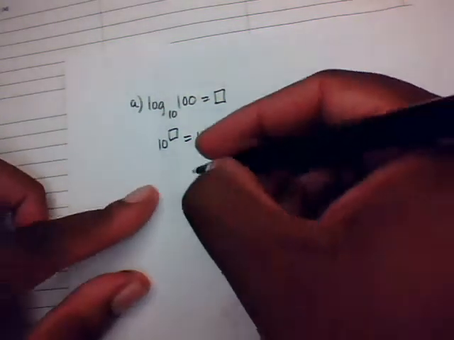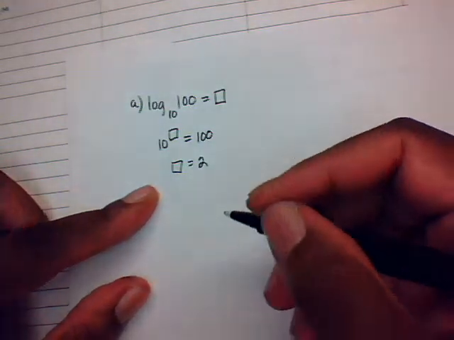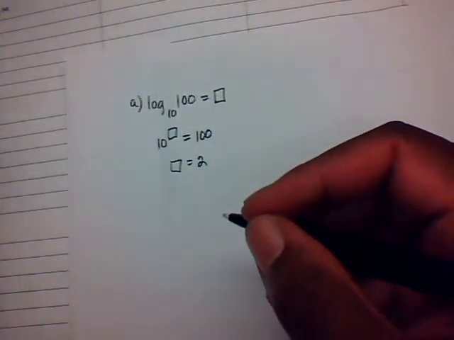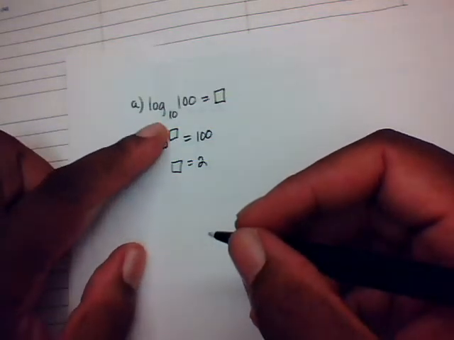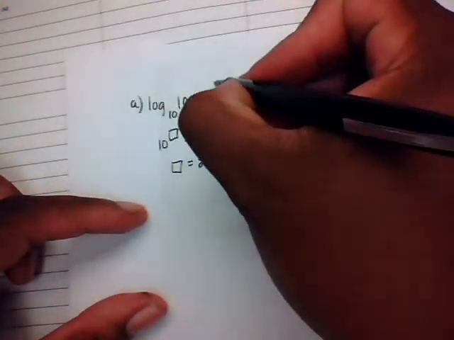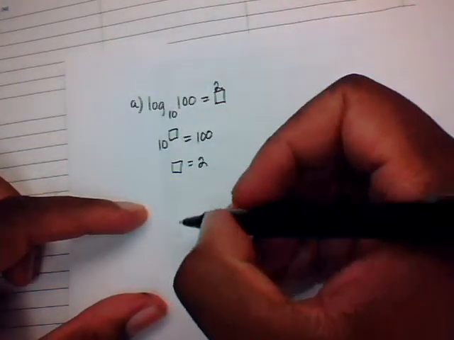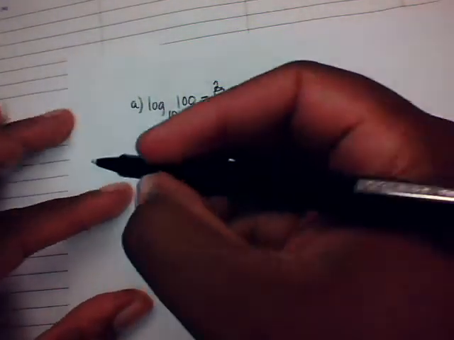And in this case, it will have to be 2, because 10 to the second is 10 times 10. That's going to give us 100. So that means that log to the base 10 of 100 is going to be 2. And that will be our answer, because we're just basically finding out the exponent when we evaluate logarithms.